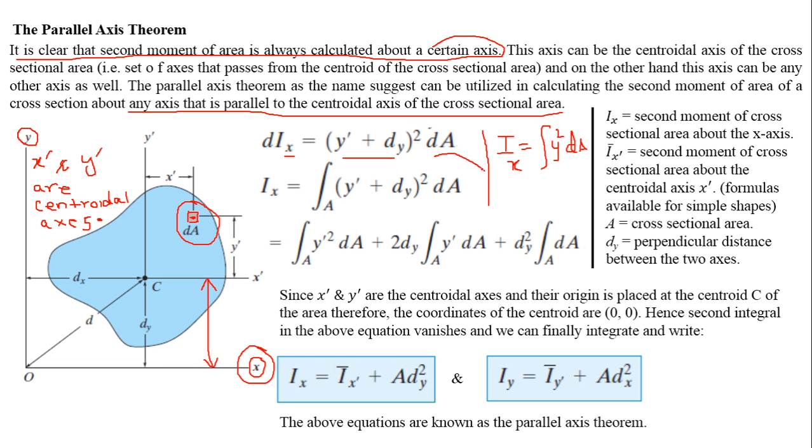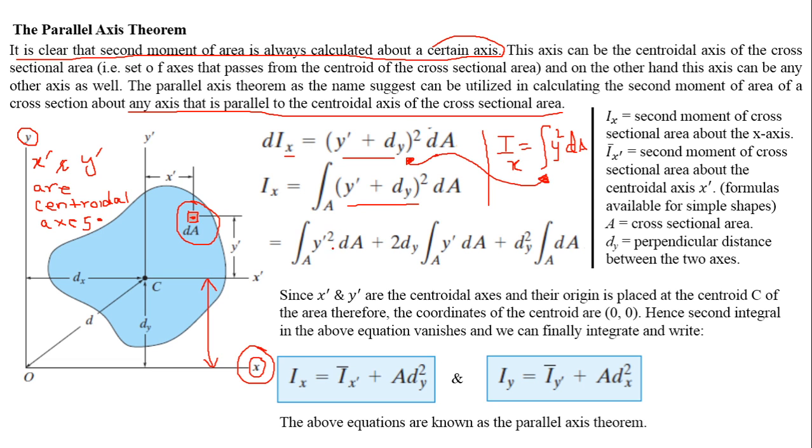Just following this formula, the general formula of second moment of area. So we just open this bracket using the formula of (a plus b) whole squared.